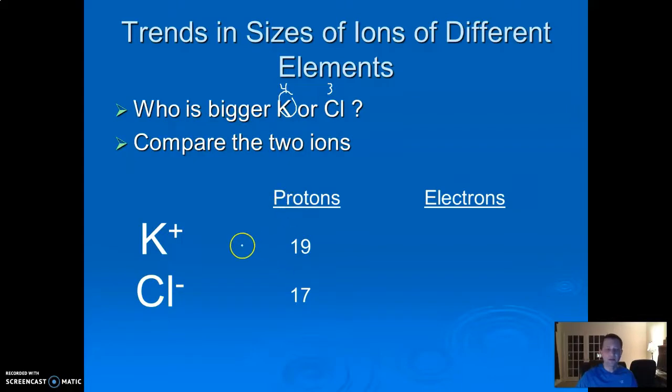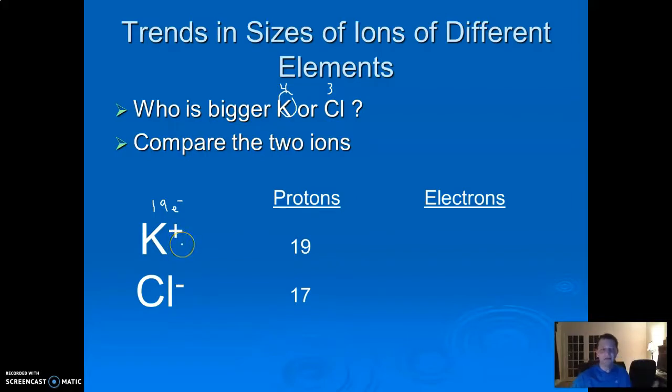Now, look at the protons. K plus 1 has 19. Cl minus 1 has 17. We get that from the atomic number, right? But look at the number of electrons though. K normally has 19 electrons, but it's a positive 1 charge.